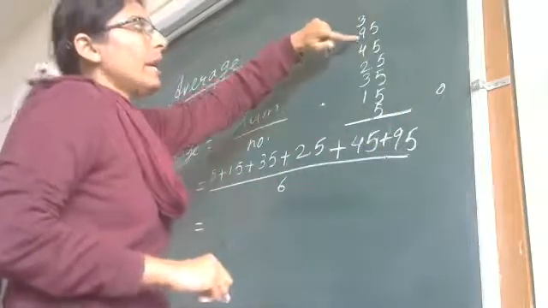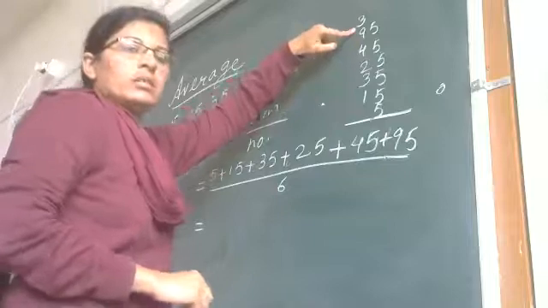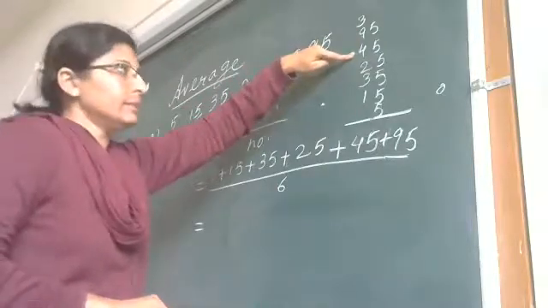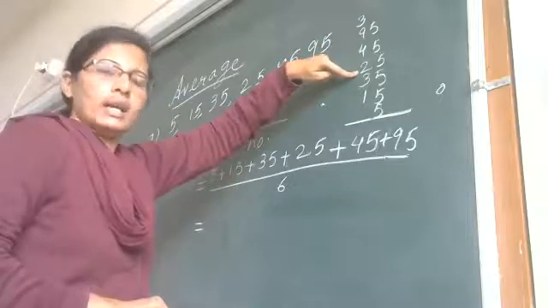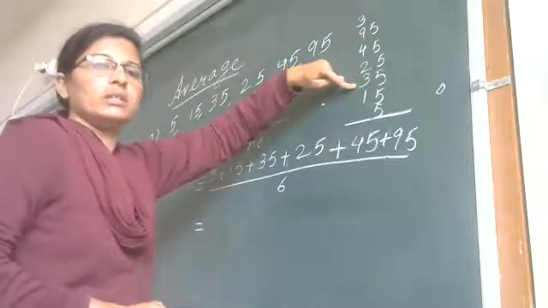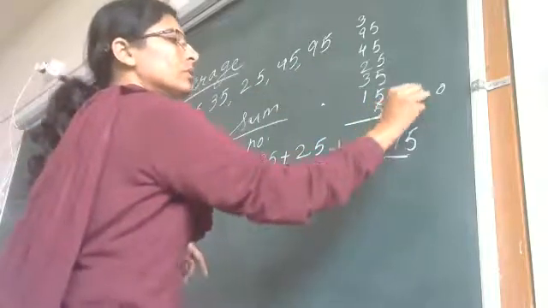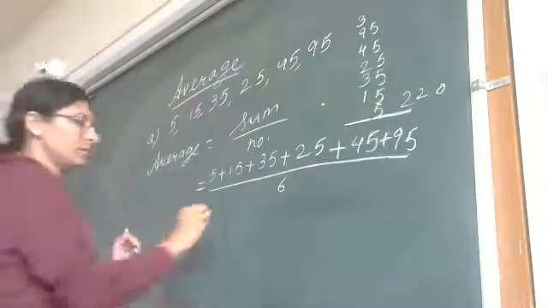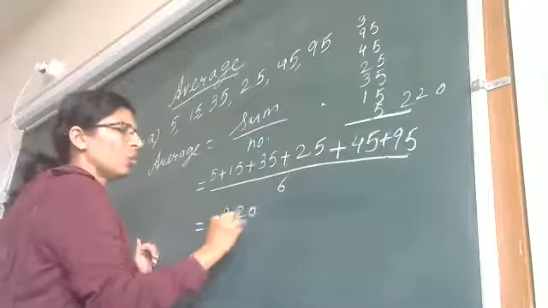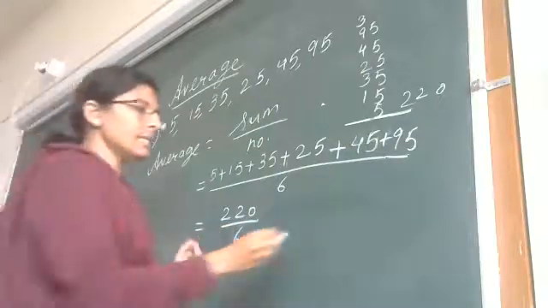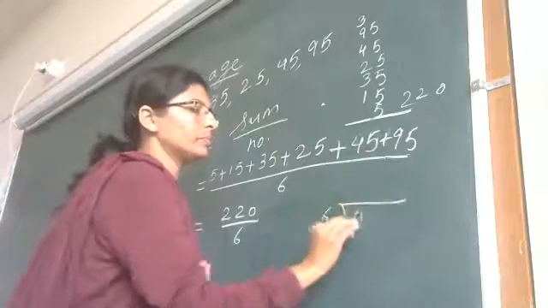Then 9 plus 3, 12, 12 plus 4, 16 plus 2, 18 plus 3, 21 plus 1, so 220, divided by 6. Now we have to divide it.